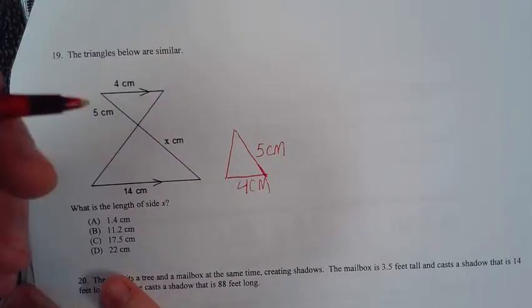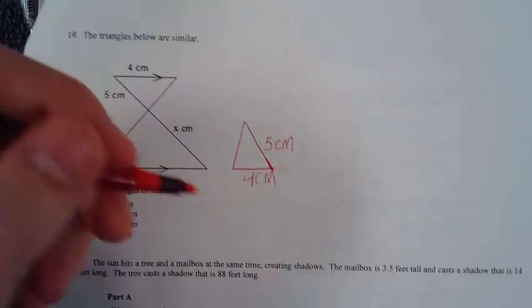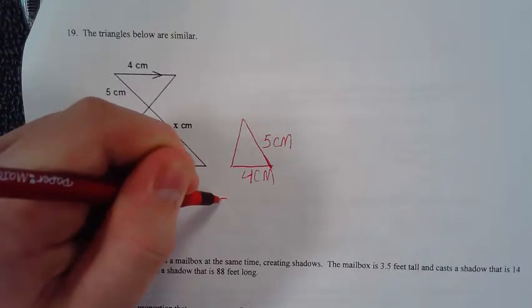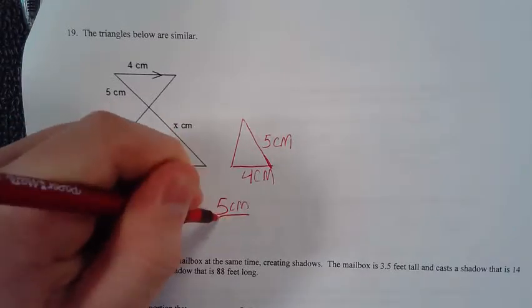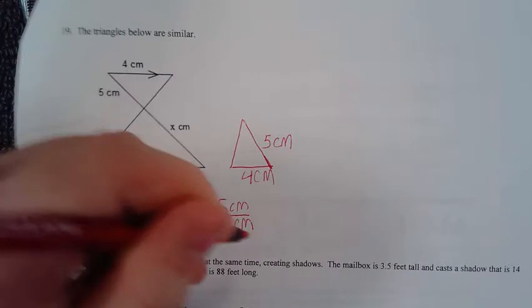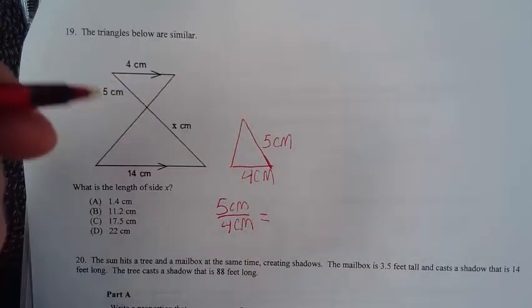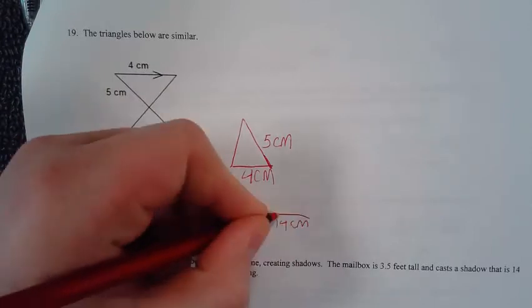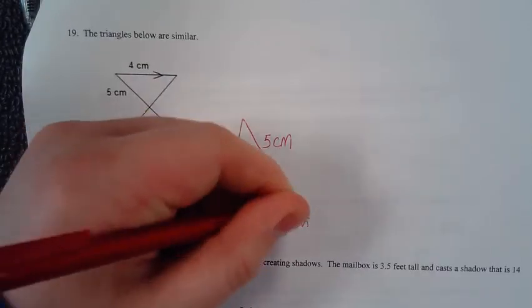So now you have to figure out X. To do that, you just have to take the sides you know both lengths and cross multiply it with the other. 14 goes with 4. X goes with 5.